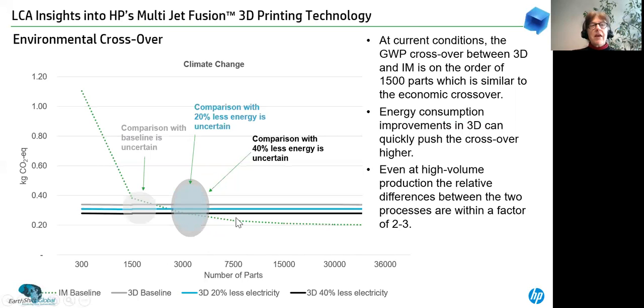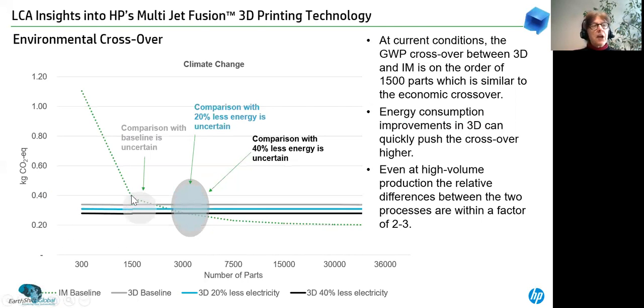You'll see that this starts to flatten out as the impacts of the mold go down to essentially nothing per part. Then we have the 3D printing process as it exists today, pretty stable across all the different volumes of parts.